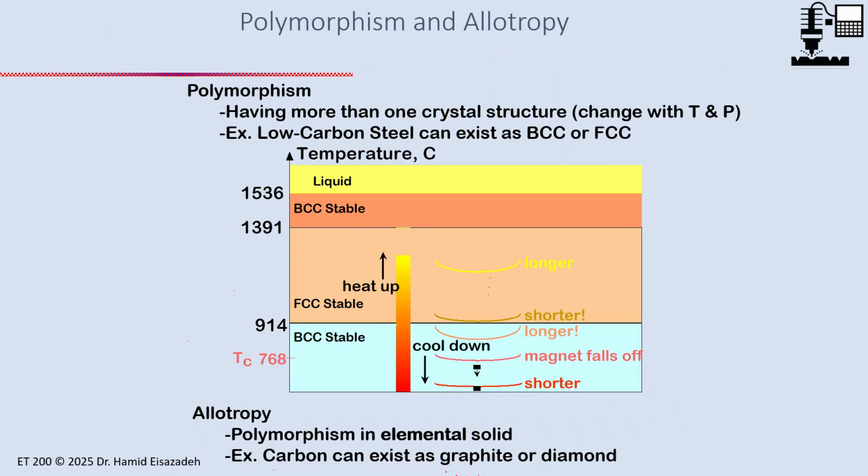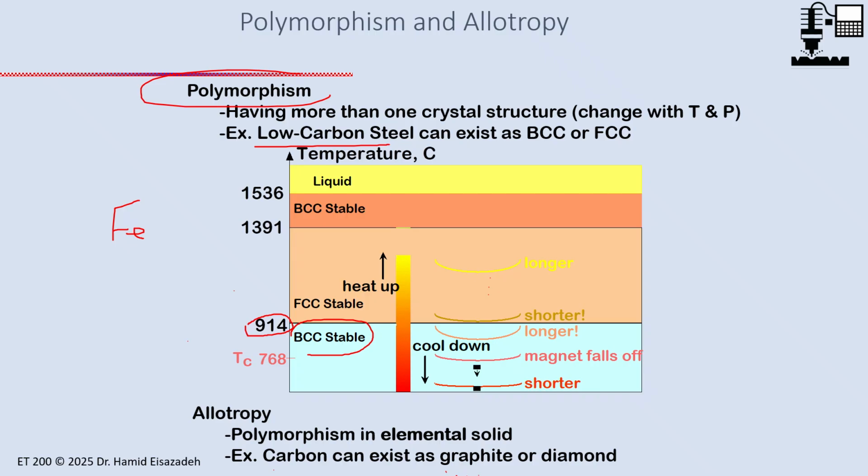Also, we discussed the polymorphism concept, which is a characteristic of some materials that show more than one crystal structure. For example, low carbon steel or Fe, pure iron. We have BCC structure and FCC structure. It's not one crystal structure; we have more than one. From room temperature up to 900 degrees Celsius, we have BCC structure.